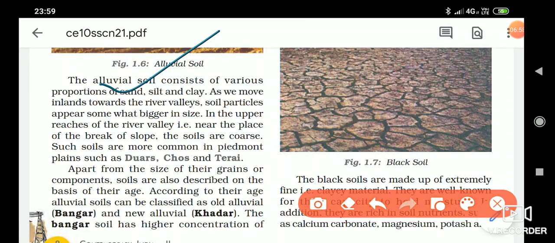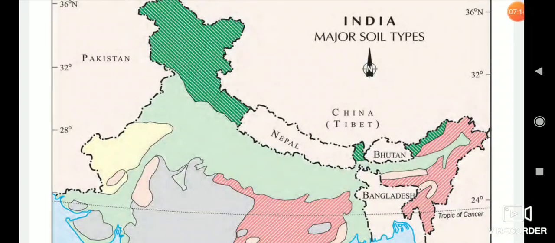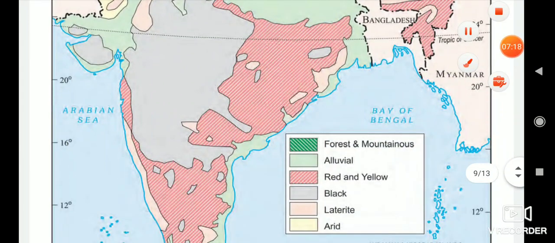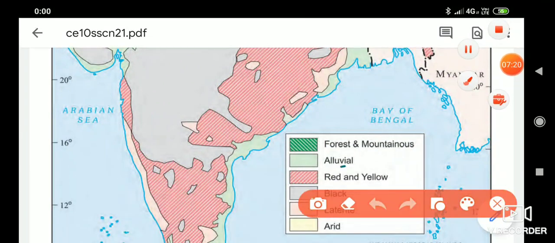So now as we are getting these terms Dwars, Coos and Terai and Piedmont plains, what are these? To understand these terms, let's go to the physical map of India. So here is the physical map of India, and let me show you. This is alluvial soil.